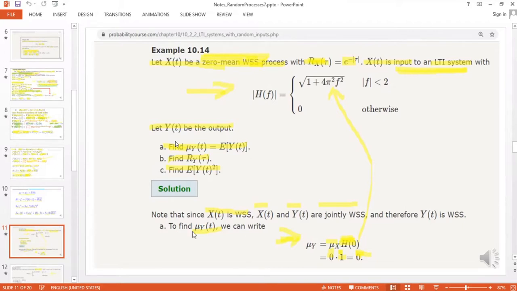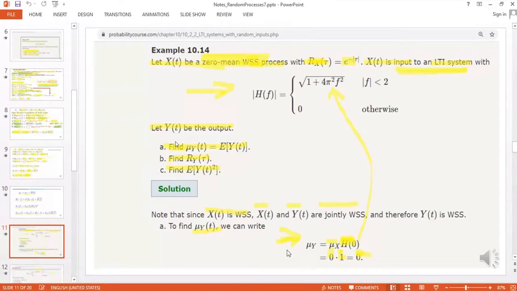We use the first result to calculate the mean. Since x(t) is wide sense stationary and is the input to an LTI system, x(t) and y(t) are jointly wide sense stationary. We have already proved this theorem, and therefore y(t) is also wide sense stationary.